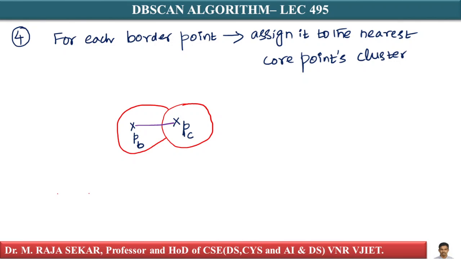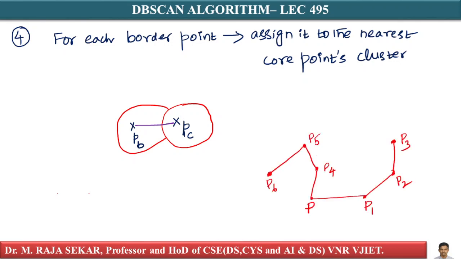So we handled all these points. First we labeled all the points as core points, border points, and noise points. We remove all the noise points. For each core point, we are just checking what the density connected points are. To check for density connected points, we have to do range queries. Given point P, tell me which points are within epsilon distance.